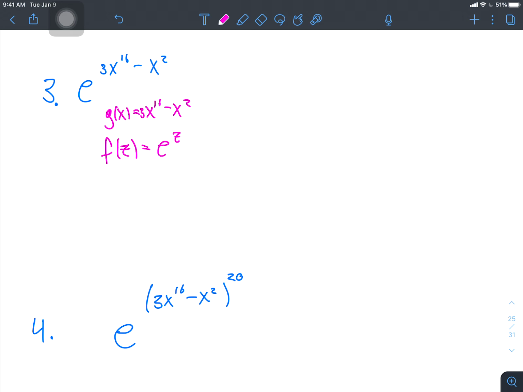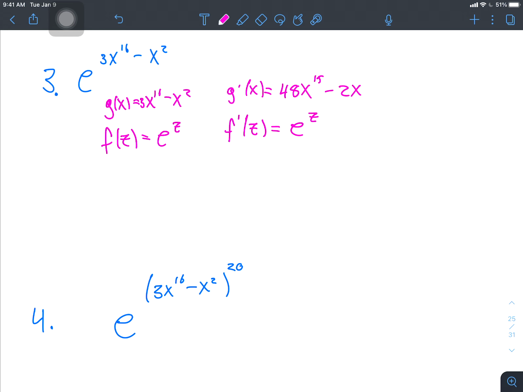Now, what is f of z then? E to the z. Okay, so g prime of x is 48x squared, no, sorry, 48x to the 15th minus 2x. And how about f prime of z? E to the z. So, I'm not going to put the formula on the screen. What's the first step to writing down this derivative?